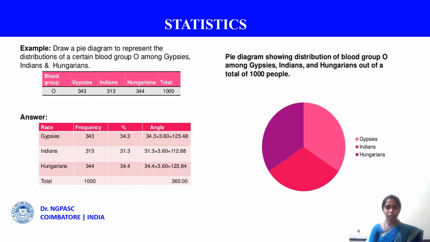So likewise you will be doing the calculations, and based on this I will be dividing the circle. If you want a perfect diagram, you will be using a protractor to divide this. We all know. Then the index has to be noted, which color or which shade represents what. The index has to be given clearly. So here the calculation I have to do is the percentage into 360 degrees. Right.